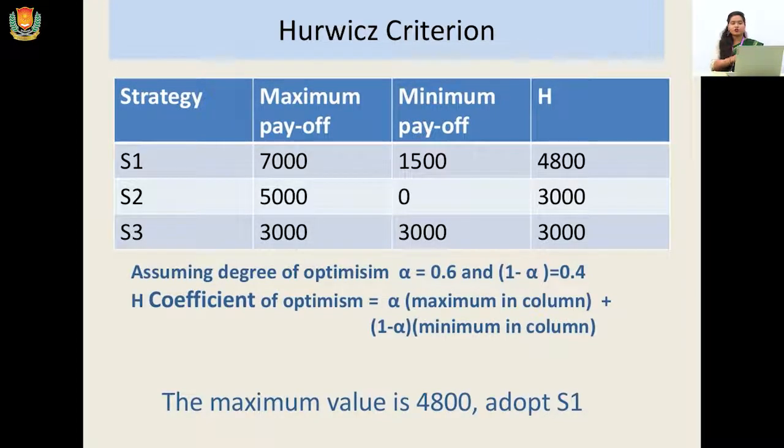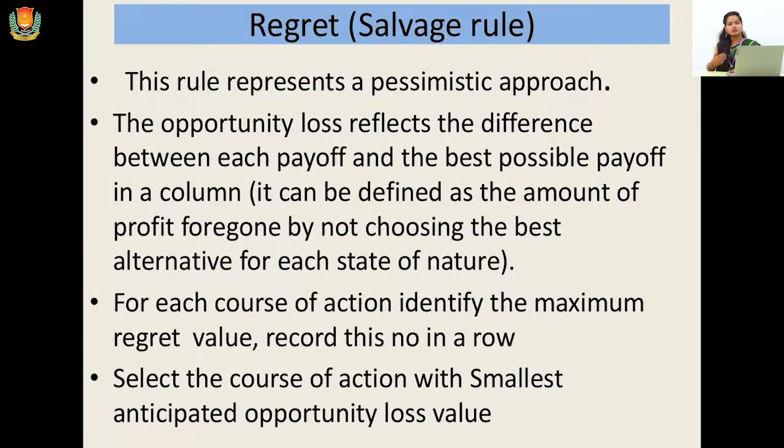So for the coefficient of optimism, you will choose 7,000 as the maximum payoff, which we already calculated in our previous slides. Accordingly, we will calculate by putting in the values, and we will adopt or formulate the strategy.